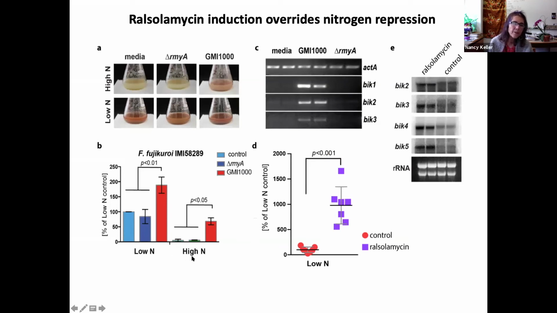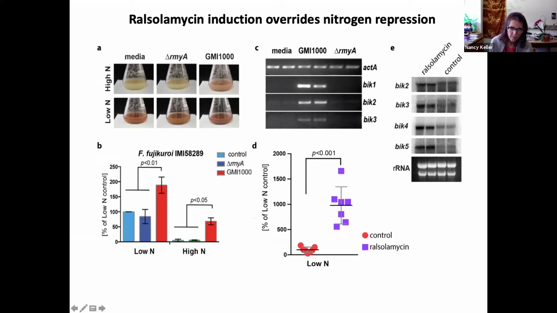One thing that's really interesting is bicaverin is always known to be inhibited by high nitrogen, but if you add ralsolomycin, it will allow the fungus to make more bicaverin. And here you can see the bicaverin genes are induced when you add ralsolomycin.